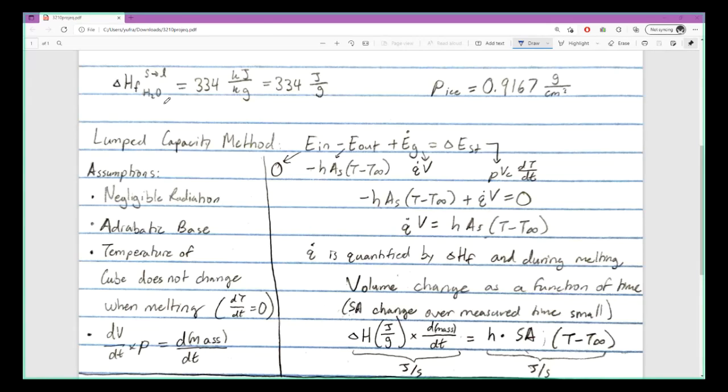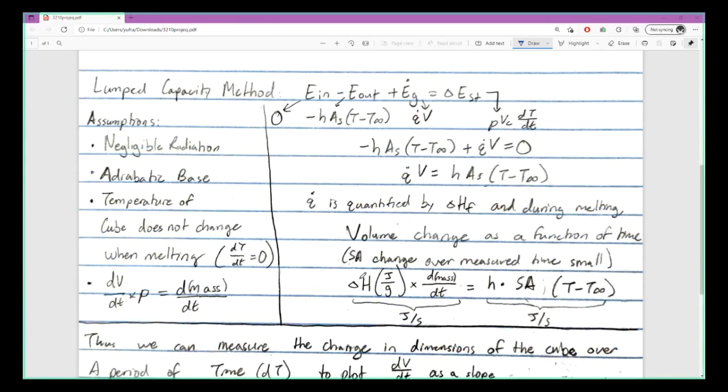So we're only left with our convective heat transfer terms and the energy generated term, Q dot V. So moving our variables around, we see that Q dot V equals our convective heat transfer, and then we can quantify our Q dot, our energy generated, by the enthalpy of melting. The enthalpy of melting of water is 334 kilojoules per kilogram, or 334 joules per gram. So knowing this, we can find that our energy generated during the melting process is delta H times the change in mass divided by the change in time, which is also the change in volume times the density divided by the change in time.